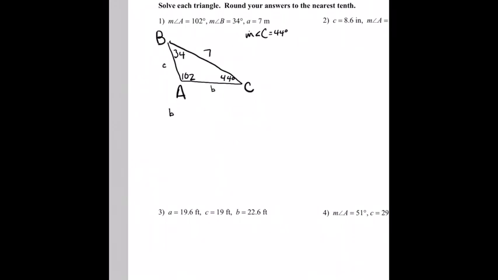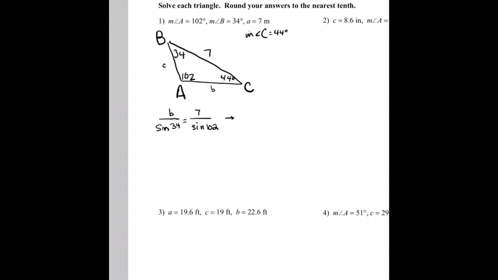I'm going to start with side B. So side B over sine B is equal to, let's do length A since we know it. And we already know angle B, so instead of writing B, I'm going to write the actual angle there. So angle B was 34 degrees, and side A is 7, and then the sine of A is 102.